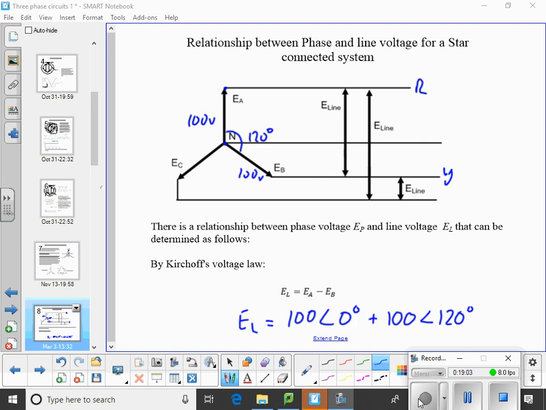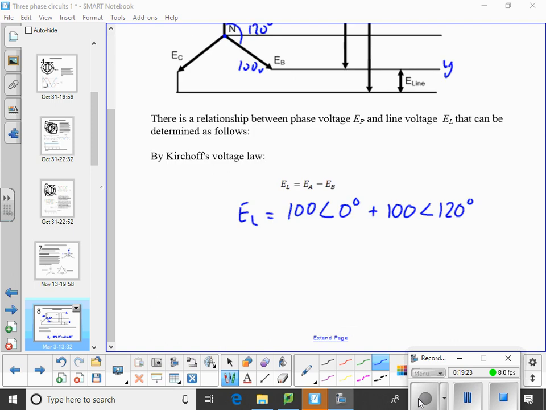If you do it this way, your complex numbers will handle that situation. So let's convert those. EL is equal to 100 plus 0j plus 100 angle 120 converted to complex.